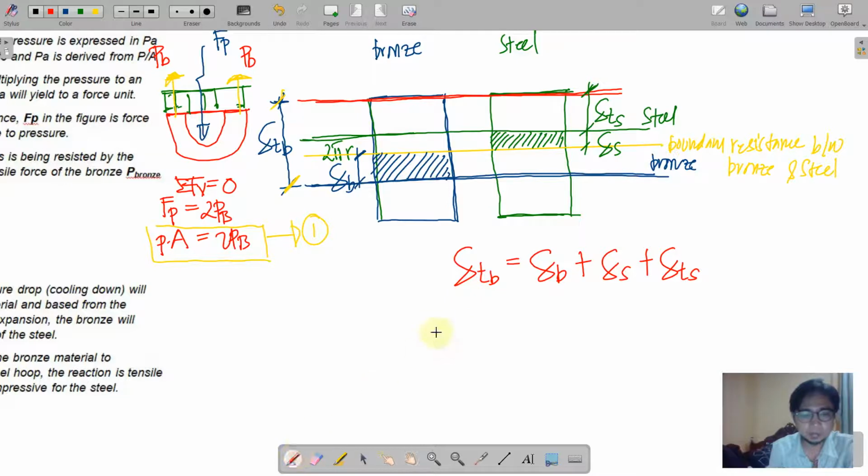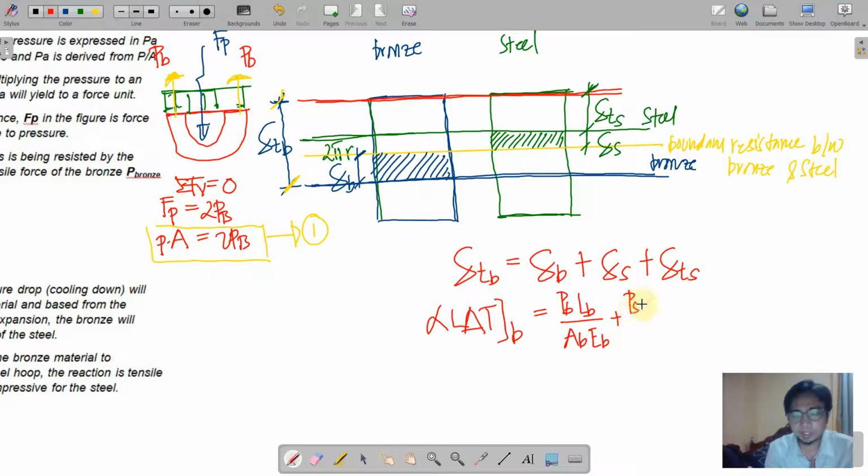So let us further expand this into its formula. Alpha L delta T of the bronze, okay, and then this is PL. Sige, I'll just have this PB LB over area of bronze, E of bronze, plus delta steel.